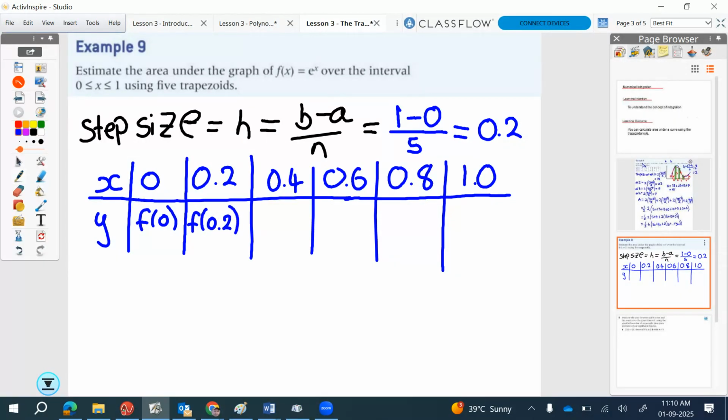The next number? f of 0.4. The next one? f of 0.6. The next one? f of 0.8. The last one? f of 1. So we've made our table of data now, like we had in the previous question, and added them all up.